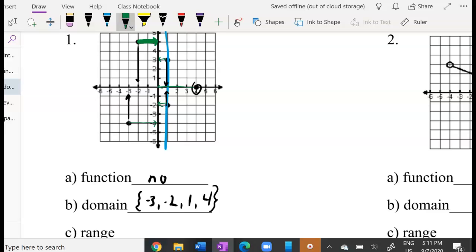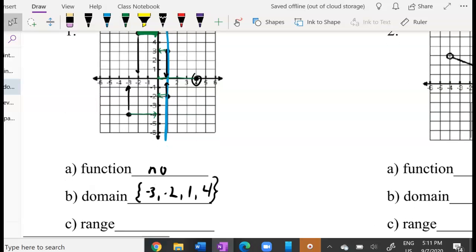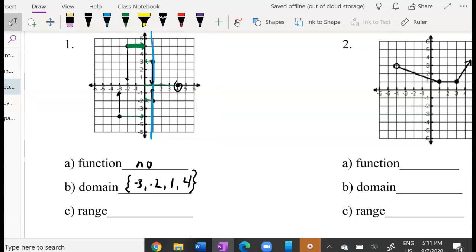We have to include all of those points, so we'll start at the bottom and work our way up. The lowest one I have here is -4. So my range is the set of outputs: -4, going up, -2, continuing up, 0, and then 3 and 5. And that's the range.